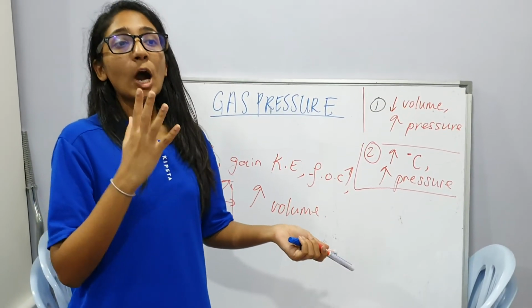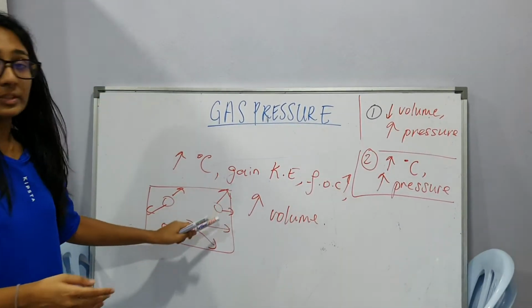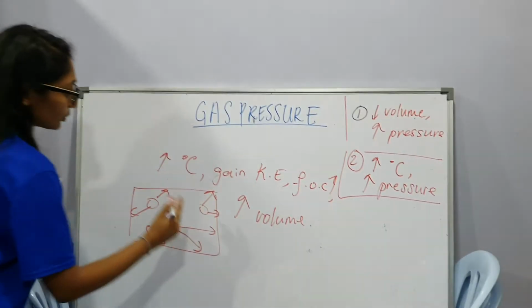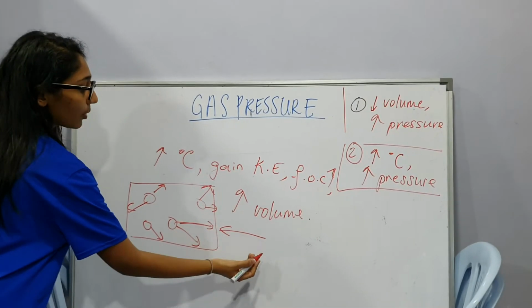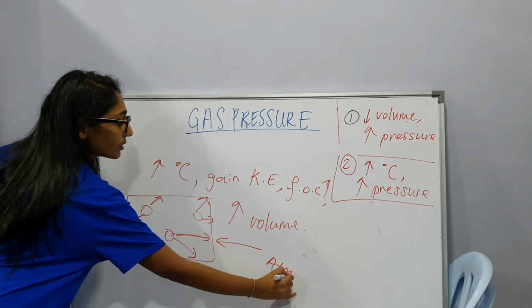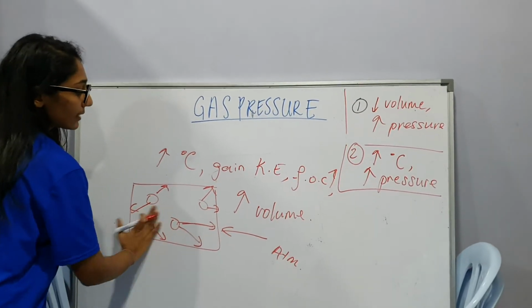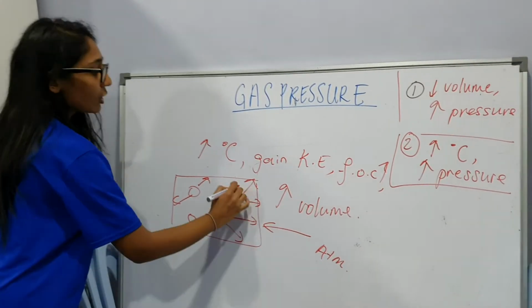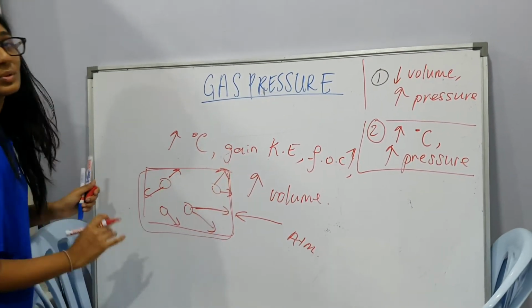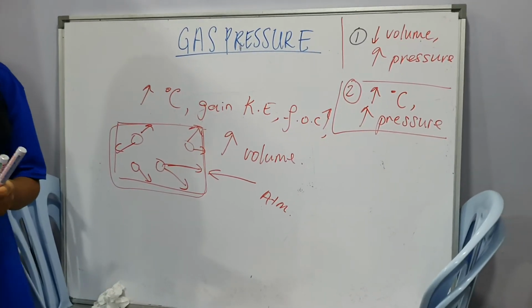So no matter how much the gas particles push the wall of the balloon, the same pressure is coming from outside in the atmosphere. So same pressure outside and same pressure inside, so it's balanced, so it will stay. You won't see much of a change.